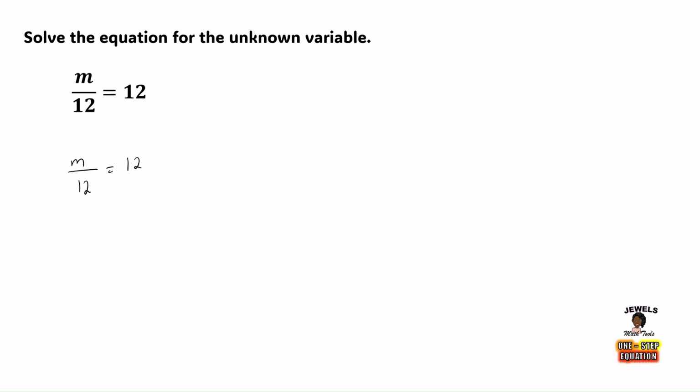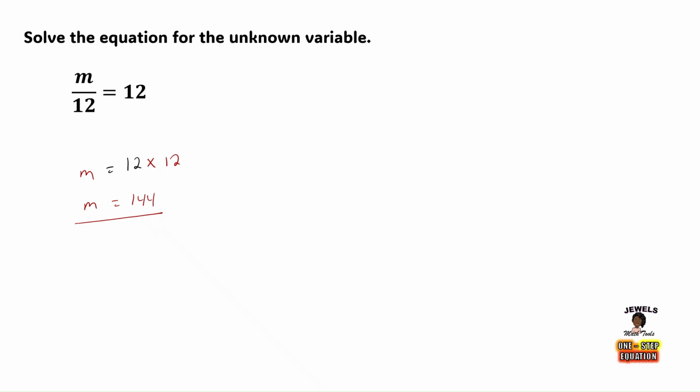So what we usually do is we just multiply our 12 on the opposite side of the equation. So in most cases, we don't write our denominator back. We just simply state that our m is equal to 12 times 12. And when 12 is multiplied by 12, we will get the solution of 144 for our product.